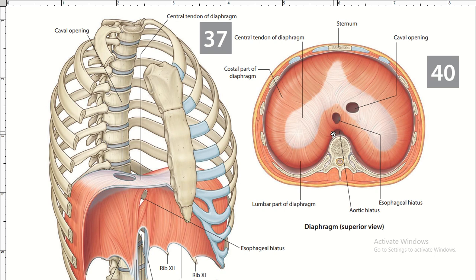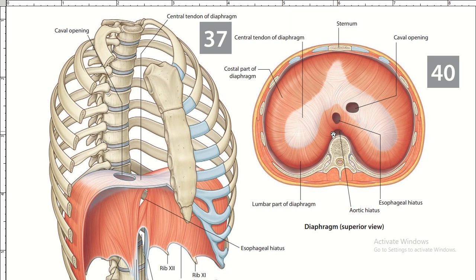You have A, which stands for the azygous vein. The T stands for the thoracic duct. Then the other A stands for the aorta.